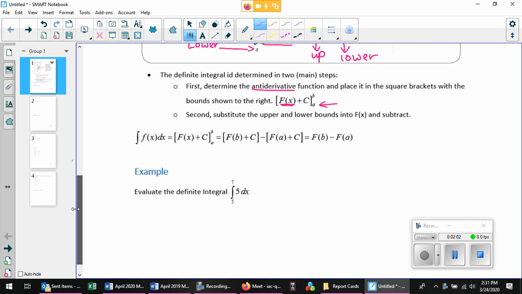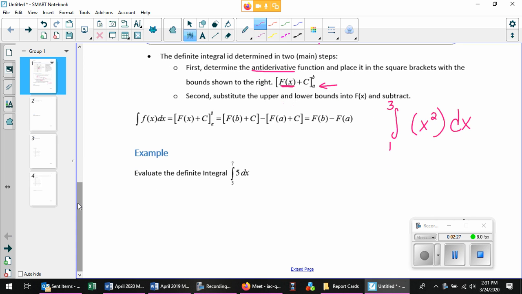Now, this whole thing looks like a bunch of gobbledygook, but it's not really. Let's do a quick one off to the side here. Let's say I take the integral from 1 to 3 of x squared dx.